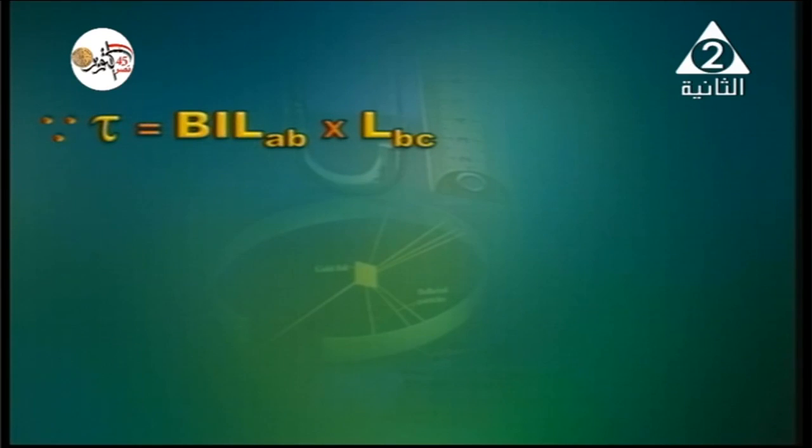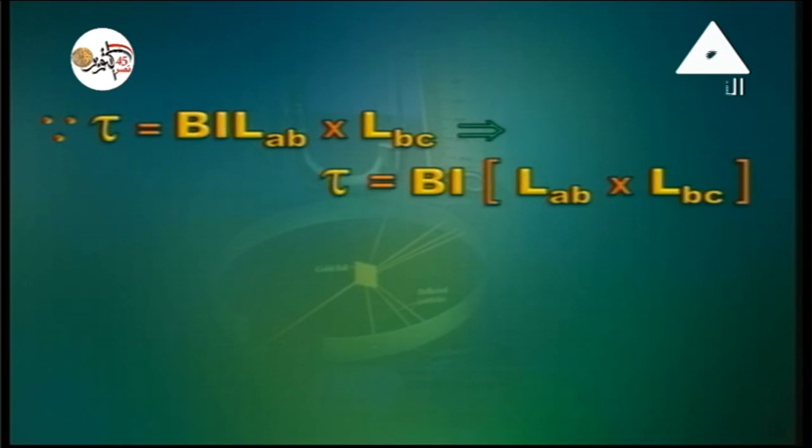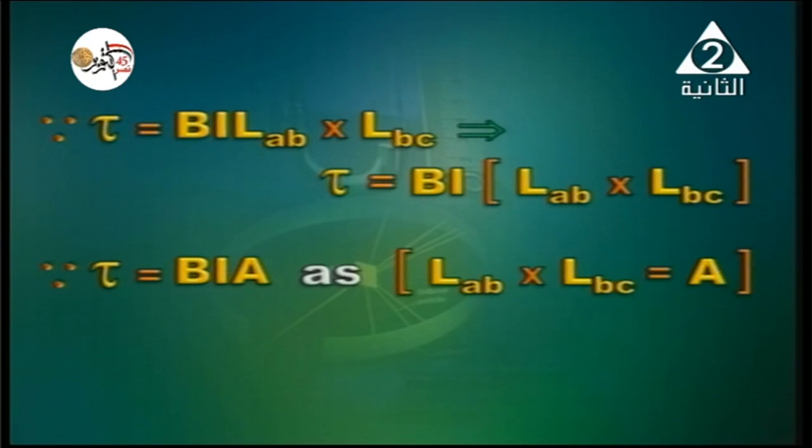LAB times LBC will give the face area of the coil. So torque is equal to BI times (LAB times LBC). It is equal to BIA. As I said, capital A is the face area of the coil, since the area of the coil is given by the product of length AB times length BC, length times width.